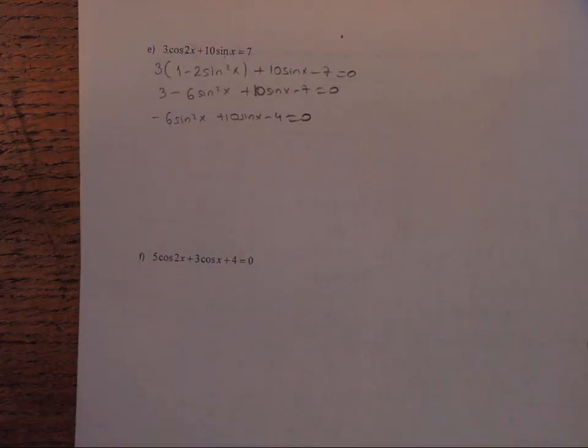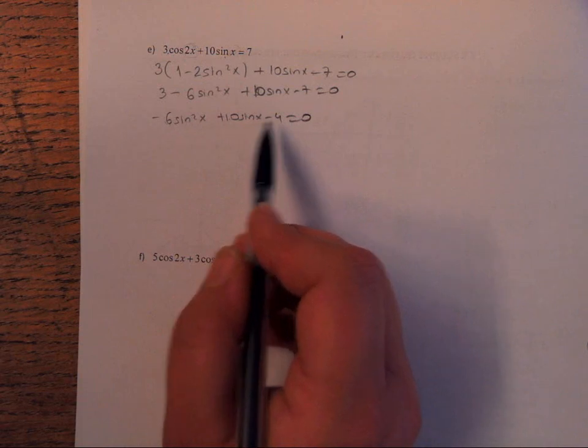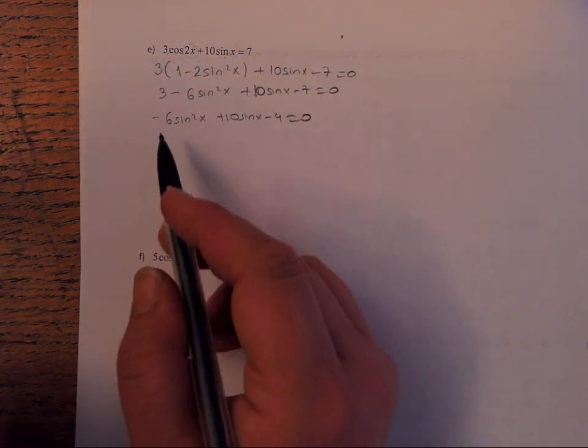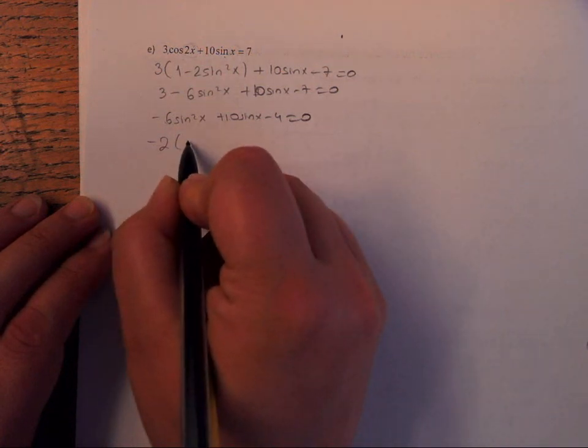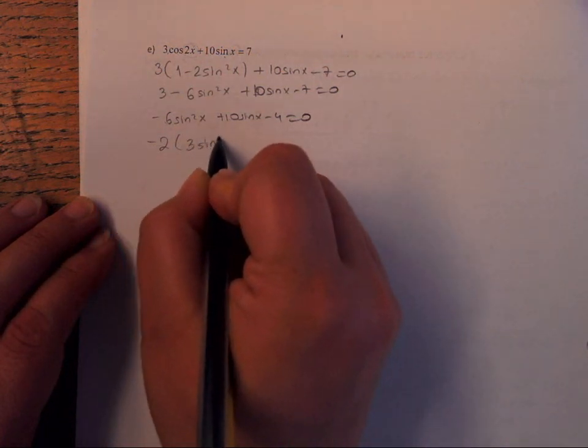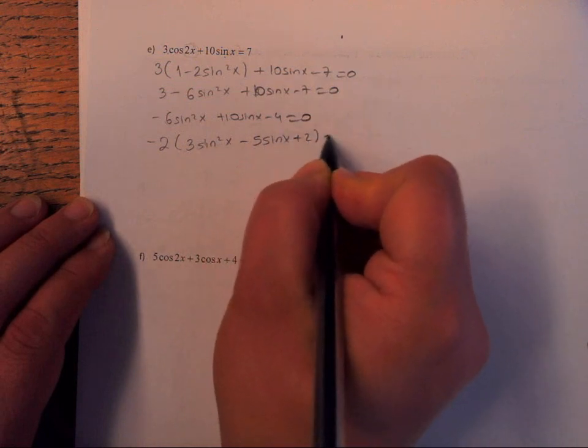Now we are going to factor this, but we see that 2 is a common factor of those terms. Also, you don't want to have a negative leading coefficient. So let's factor out negative 2. You get 3 sine square x minus 5 sine x plus 2.